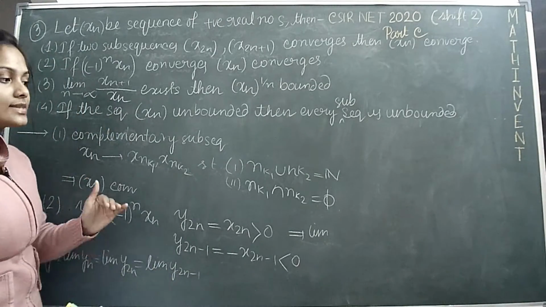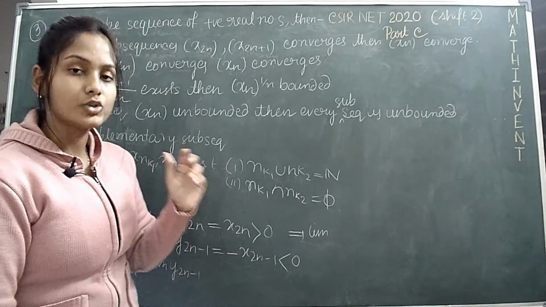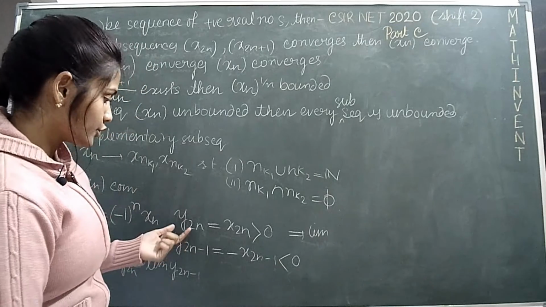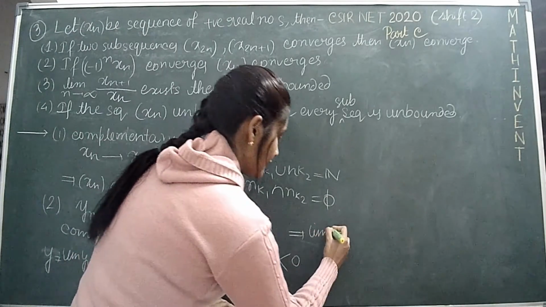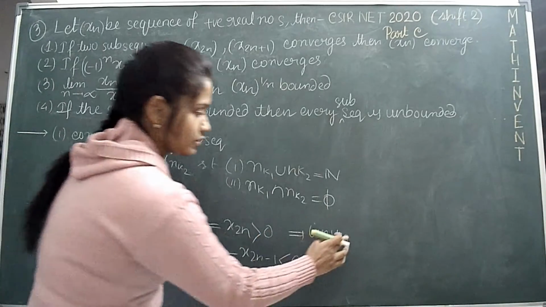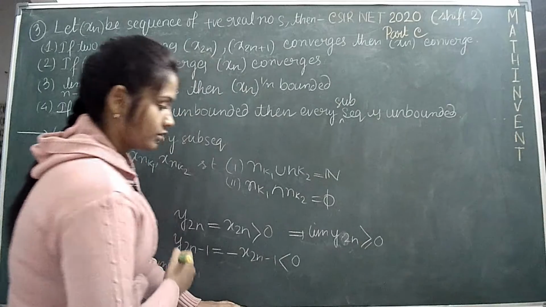Since if a sequence is convergent, then every subsequence of it will also converge to the same limit. So we have limit yn. Since y2n is greater than 0, limit y2n should be greater than or equal to 0.